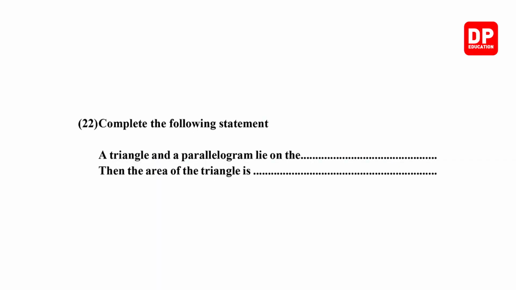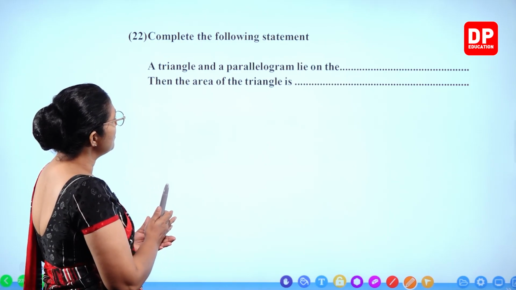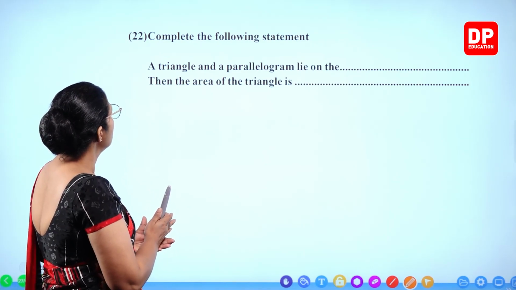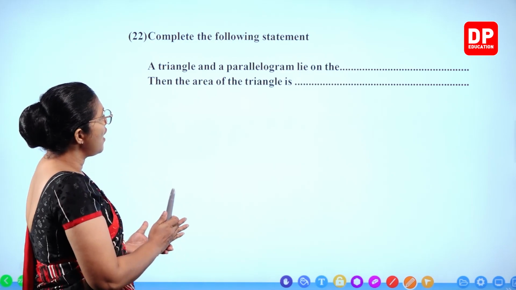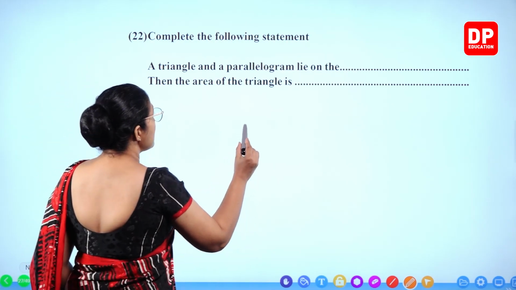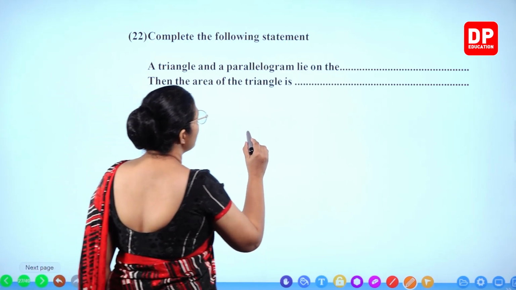Question number 22. Complete the following statement. A triangle and a parallelogram lie on, and then it says, then the area of the triangle is. This is something like this. So there's a parallelogram.